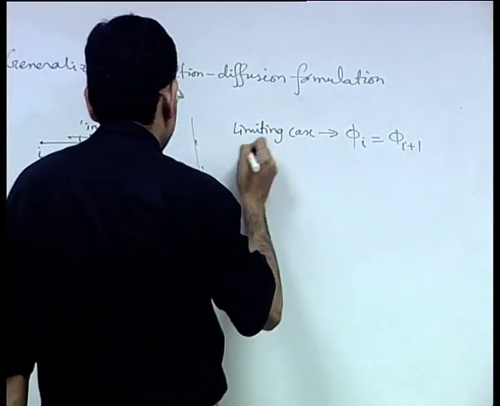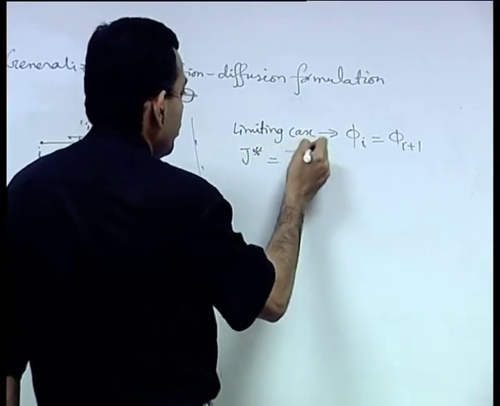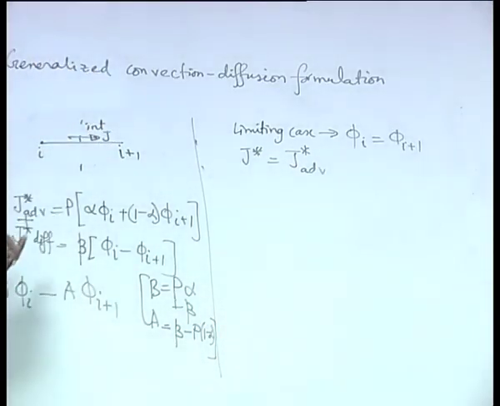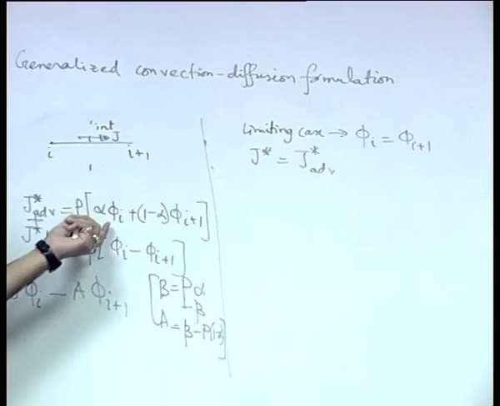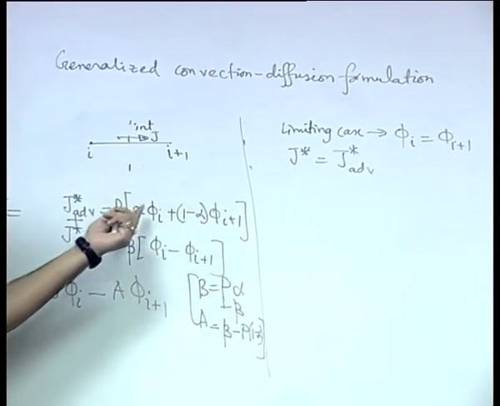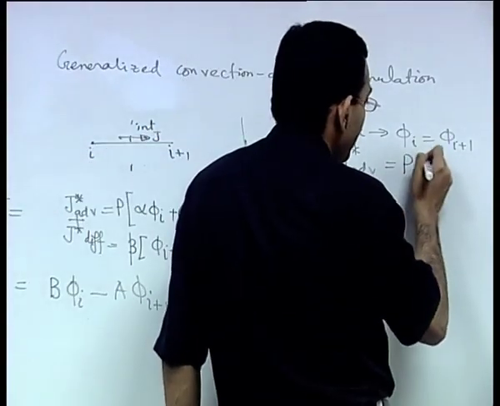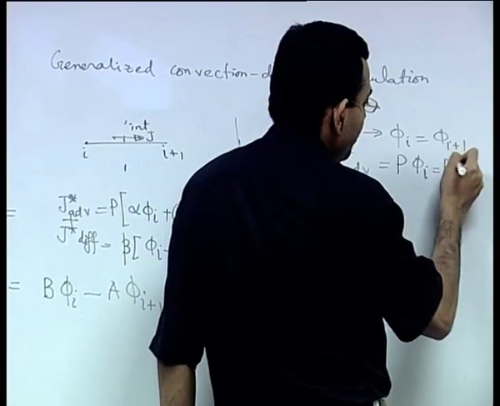Then what is J star? J star will only be J star advection. Diffusion is 0, and J star advection with phi I equal to phi I plus 1 means it will be P phi I, so P phi I is equal to P phi I plus 1.